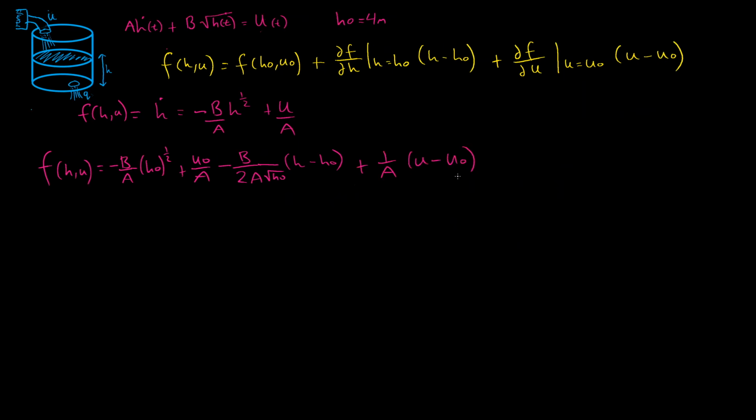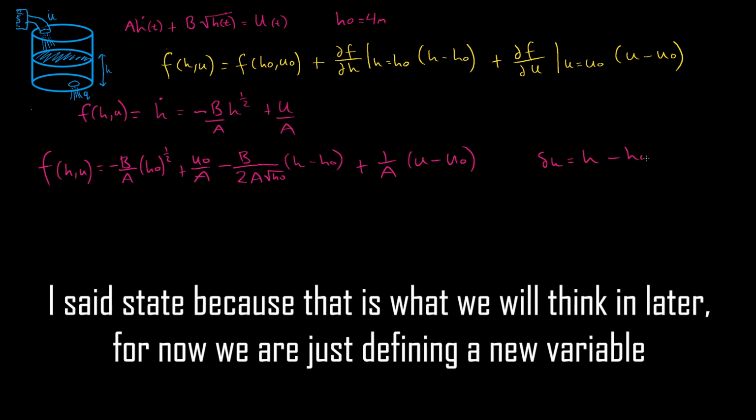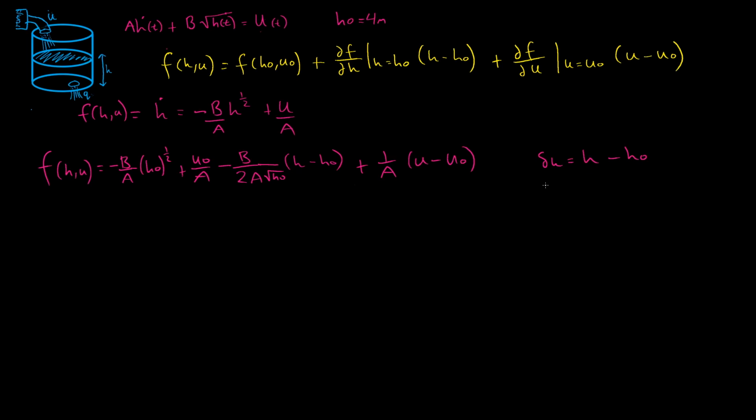Okay, so we have a linearized equation, but it's a bit messy with these h minus HO terms and these u minus UO terms. So in order to clean it up, we're going to define what we'd call a delta state, which is just the difference between these terms. So let's say that delta h is just equal to the difference between h and HO, so the difference between our height and our equilibrium point, and then delta u is the difference between u and UO.